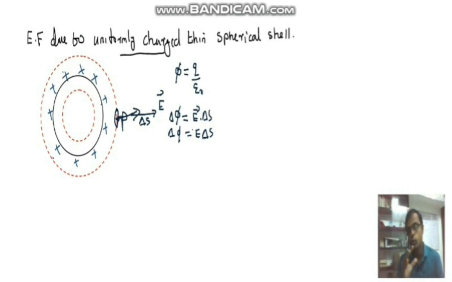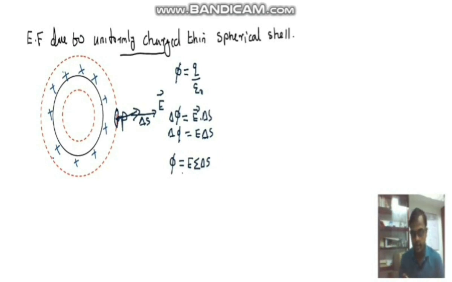If you want to find the total flux, what do we have to do? We have to do the summation. So the left hand side becomes the total flux phi, which is equal to the summation; you can take E outside and the summation of delta S remains.